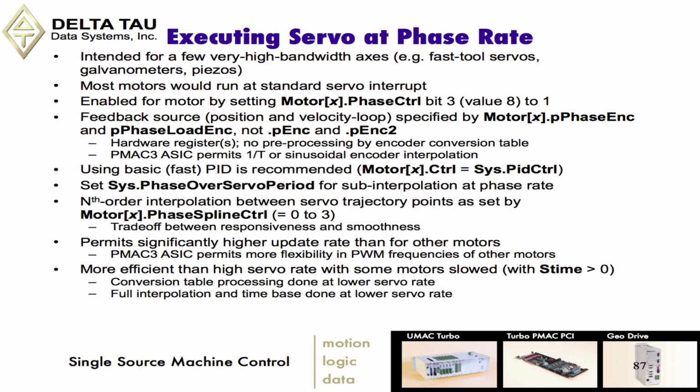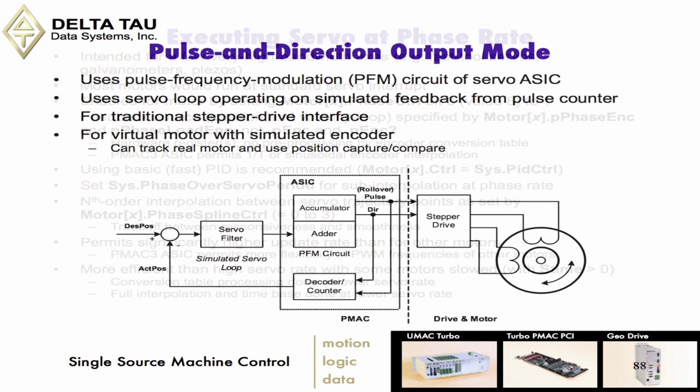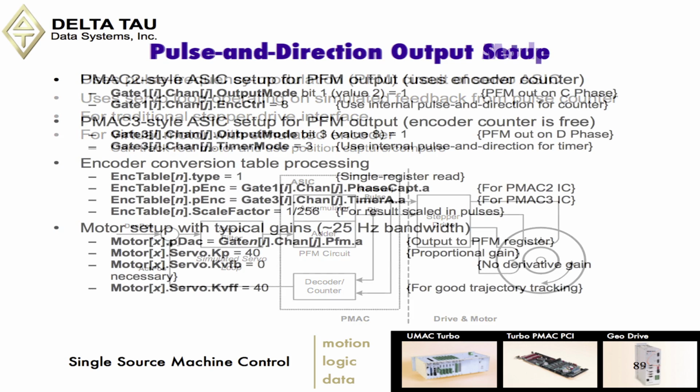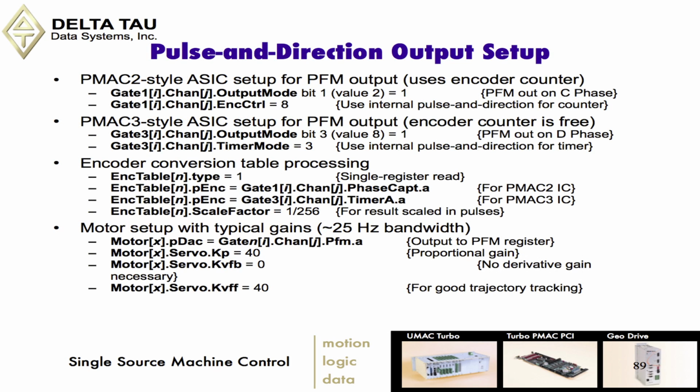Power PMAC has the typical pulse and direction output mode. So you would have a pulse and direction drive, and then you would just be outputting a stepper drive, outputting pulse and direction. On the PMAC 2 ASIC, a gate 1, there's an output mode bit that we would set up.